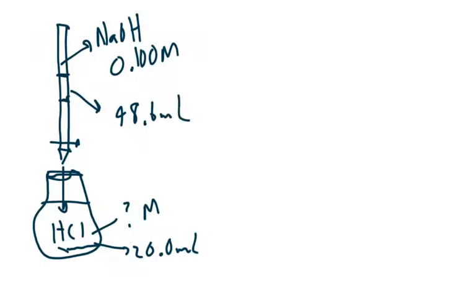Now, once we have this information, here is how we're going to figure out this problem. Remember that when you do stoichiometry, molarity times volume gives you moles. We want to always convert our information into moles. Well, the molarity of the given is 0.1.